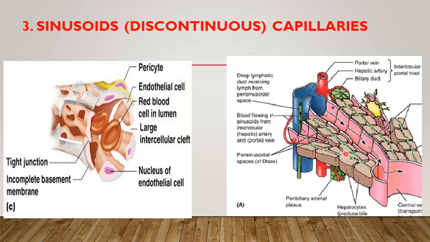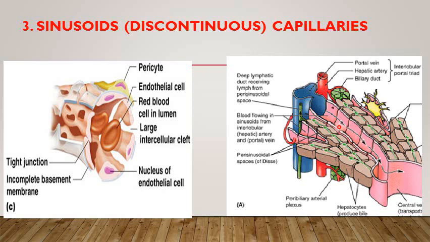You can see the hepatocytes, the cords of hepatocytes, and in between the cords of hepatocytes there is a vessel that is irregular in shape and very thin walled, which is known as the hepatic sinusoids. So in the liver, these are hepatic sinusoids.